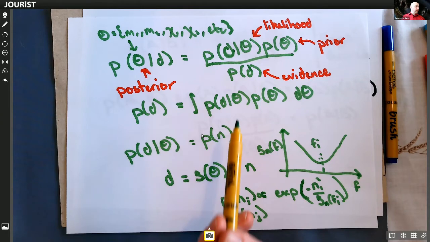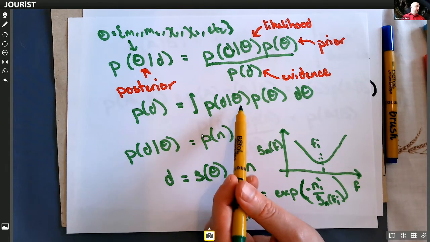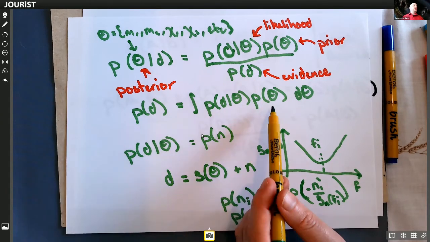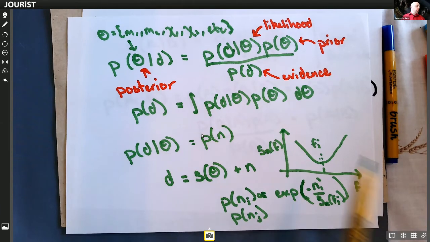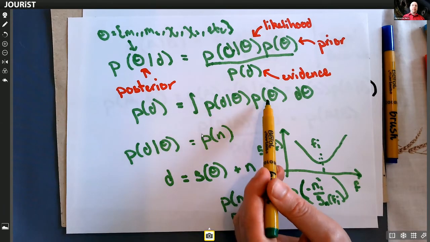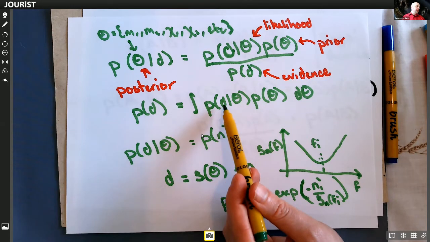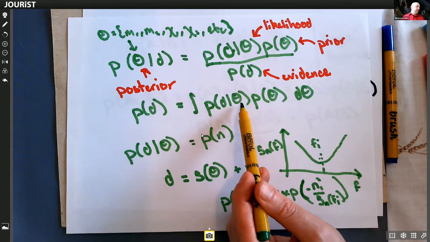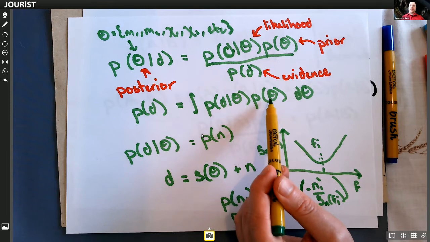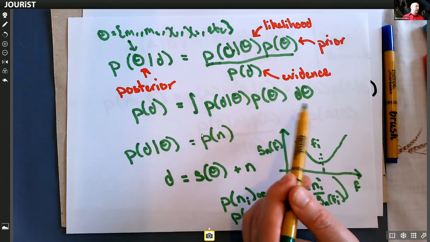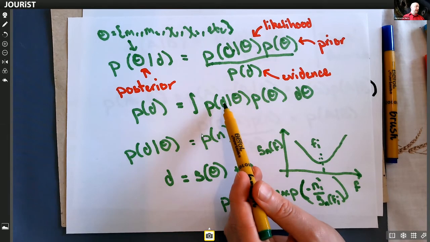We don't know, however, for this calculation, what the value of theta is. So we want to weight this by, okay, what was the probability of having that value of theta? So we multiply the probability of getting that data given that value of theta by the probability of having that value of theta. Okay. That's the probability of getting this particular realization of the data.